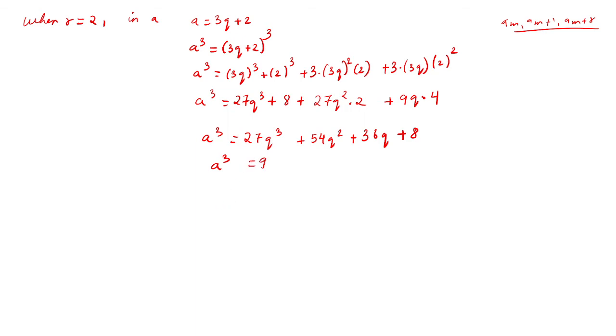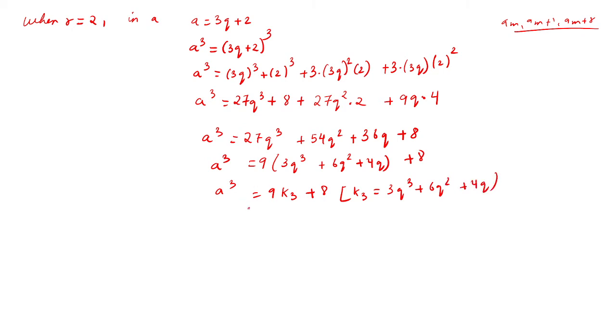If you take 9 common out, you'll be left with 3q cube plus 9 into 6q square plus 9 into 4q plus 8. So your a cube becomes 9k3 plus 8, where k3 is equal to 3q cube plus 6q square plus 4q. Or you can write this as a cube is equal to 9m plus 8, where m is equal to 3q cube plus 6q square plus 4q.